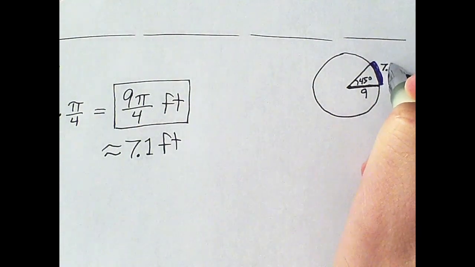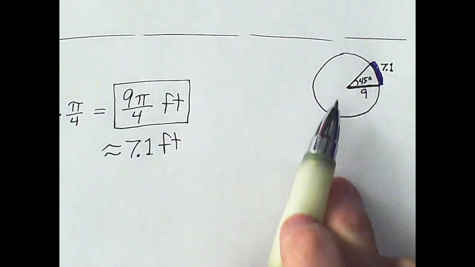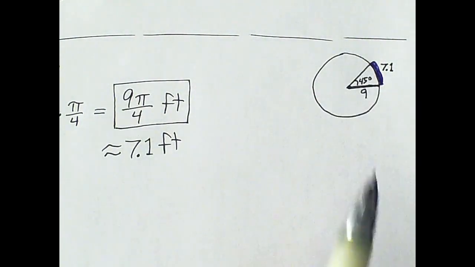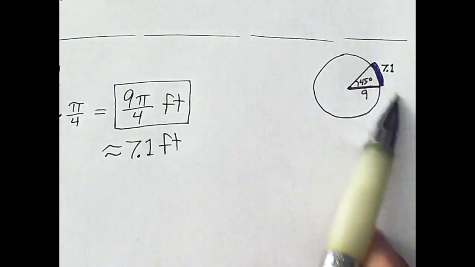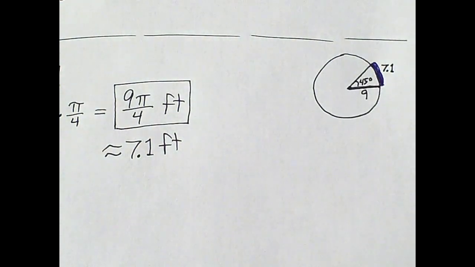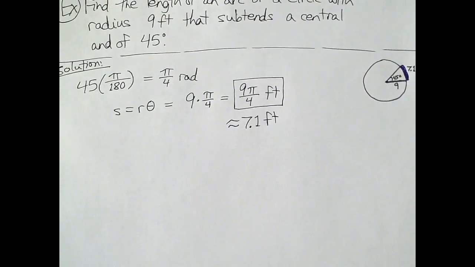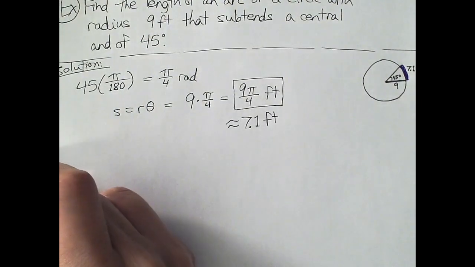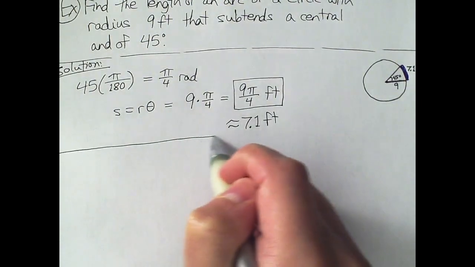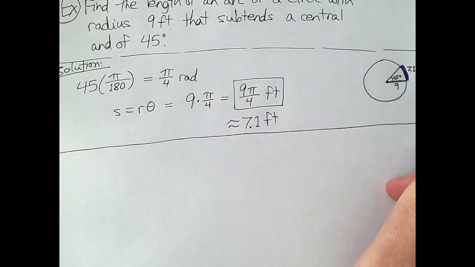I think if the radius is 9, then I was expecting that this arc would have a length that's a little bit less than 9. So everything seems to check out. We answered the problem. I just wanted to see if you would notice that you needed to convert to radians first, and then you're basically just multiplying it by 9.